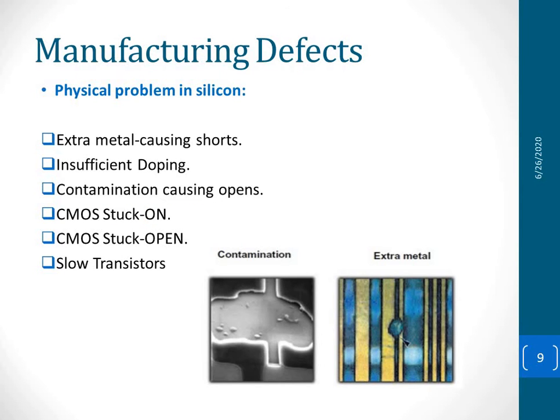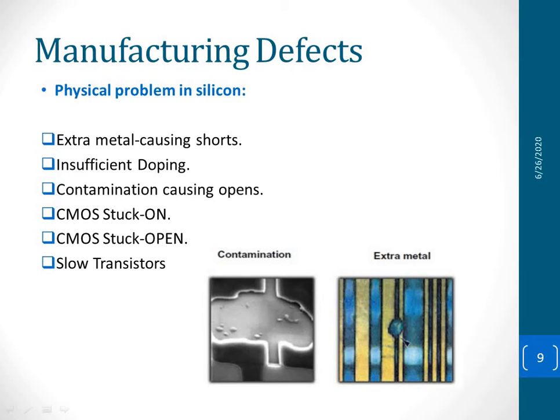So what are the manufacturing defects? There can be some physical problems in silicon. The basic material we use for manufacturing the chip is silicon. So some physical problems in silicon might occur. They are like extra metal causing shorts. You can see here one line with the other; if they are shorted, that is extra metal which can cause a short.